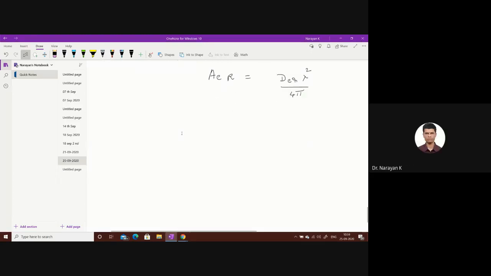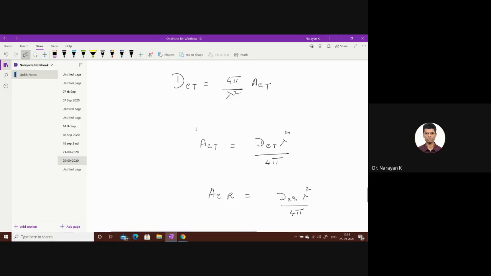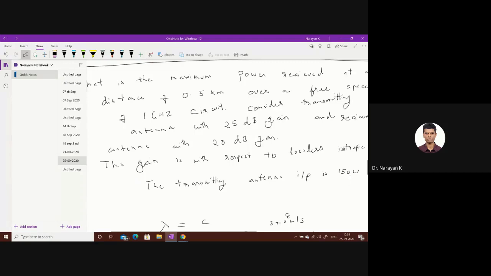Yes, sir. So what is your power received? Your Friis transmission formula: power transmitted into effective aperture of the transmitting antenna into effective aperture of the receiving antenna divided by lambda square d square. Am I right? Yes, sir. What is the input power? Antenna input is 150 watts.